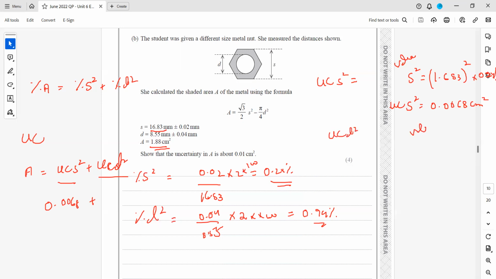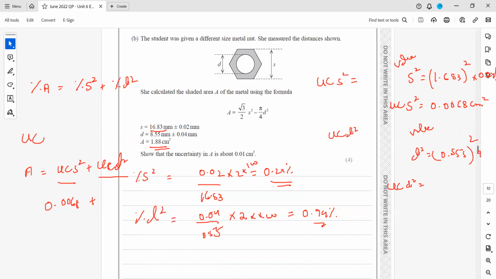So first, what is the value of D square? The value of D is equal to 8.5 centimeters. We convert into centimeters, so it will be 0.855 and then squared. This will give us the value of D square. But what about the uncertainty in D square? The percentage uncertainty in D square was 0.94%.